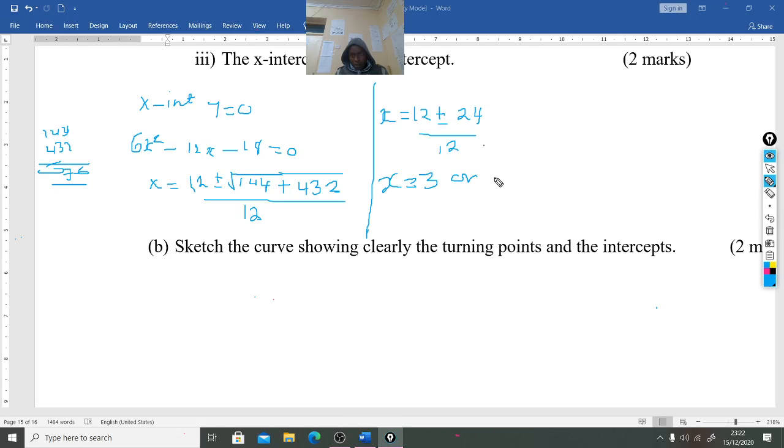Or x equals negative 12 over 12, which is negative 1. So meaning that we can have the points.